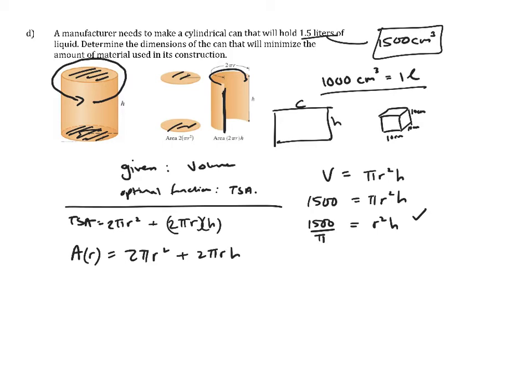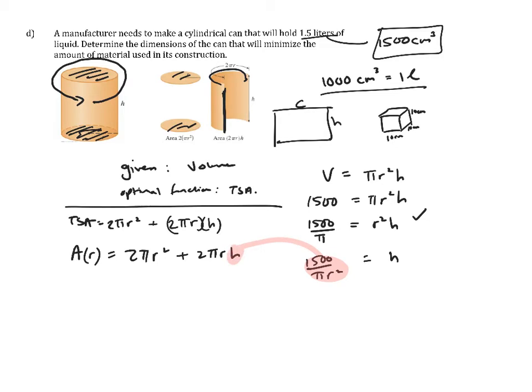Then we just need to get h alone in our constraint, the parameter one, 1,500 divided by pi. So we're going to divide by r squared on both sides, and then we just do simultaneous equations. We substitute this into that, and then we just have it in terms of r.